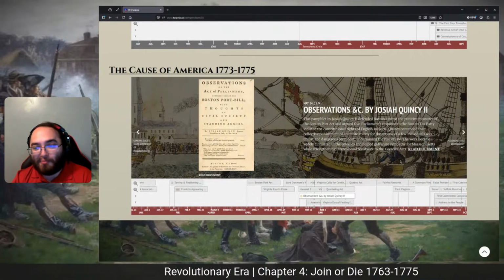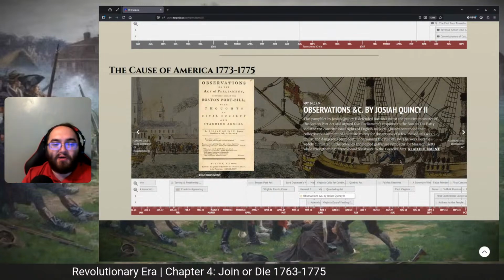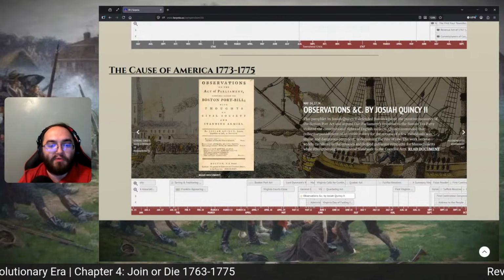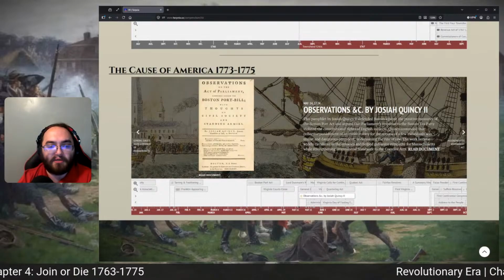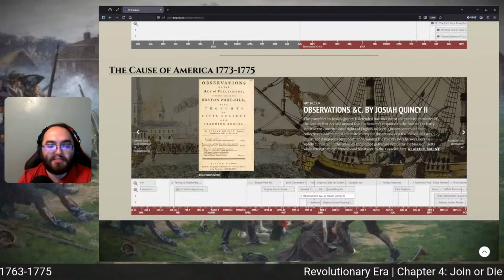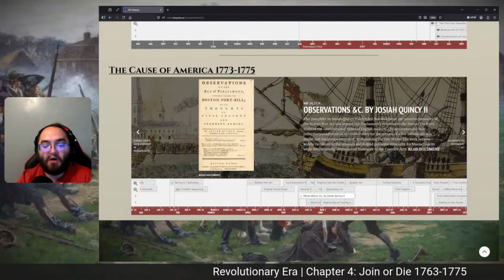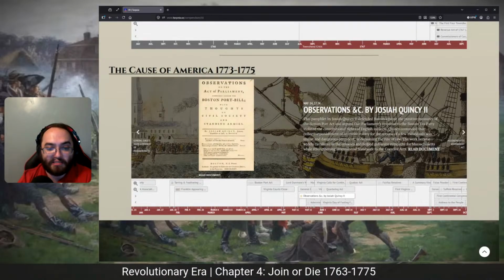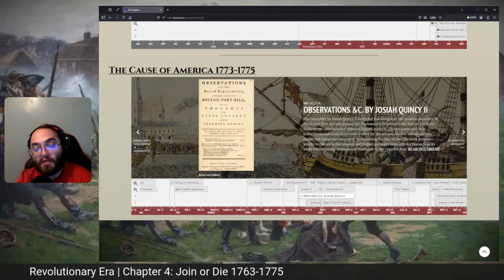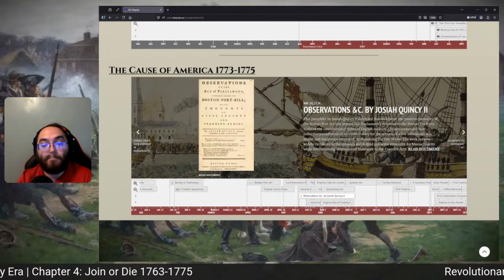Here's yet another political essay called Observations on the Act of Parliament, commonly called the Boston Port Bill, with thoughts on civil society and standing armies, written by Josiah Quincy II. He is a friend of John Adams.